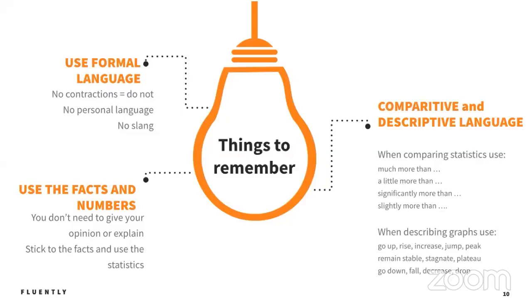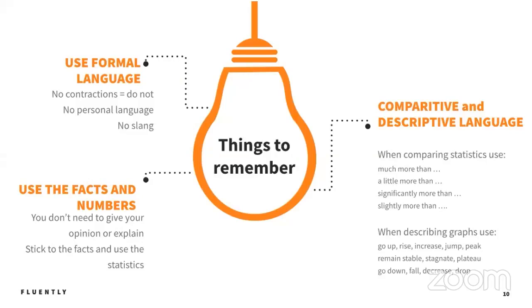When you're describing graphs or something changing over time, you can use words. For example, we've got go up. Now we can say go up, but we could also use the word rise, increase, jump, or peak. If something is the same, we can say remain stable, stagnate, plateau.